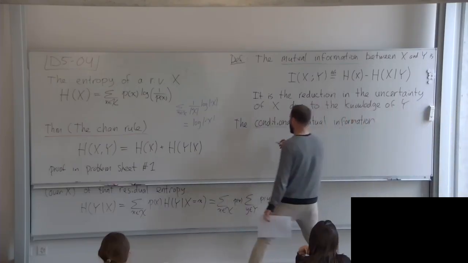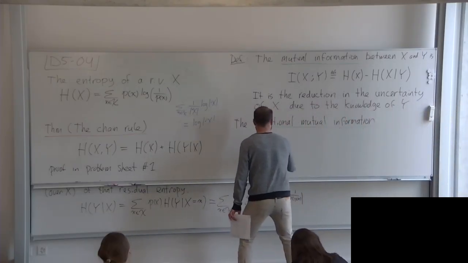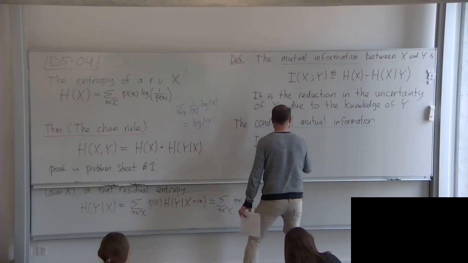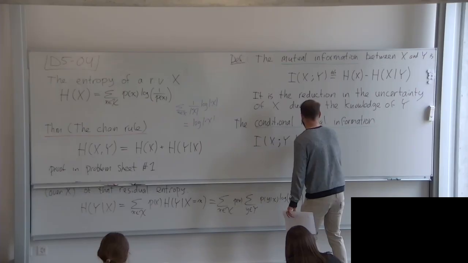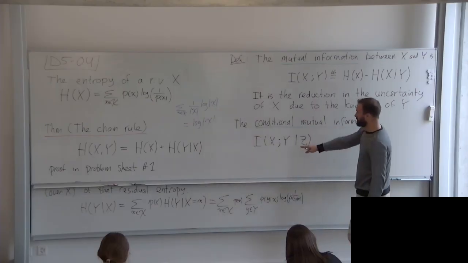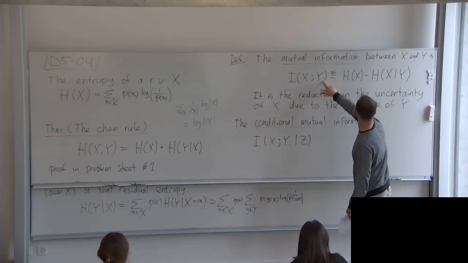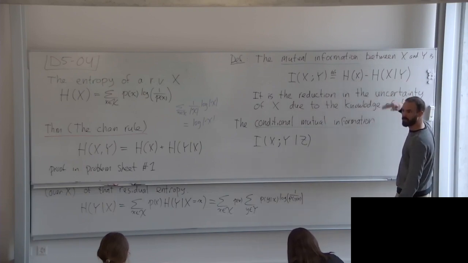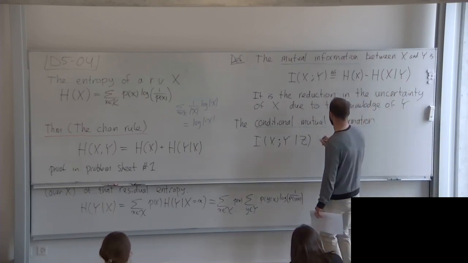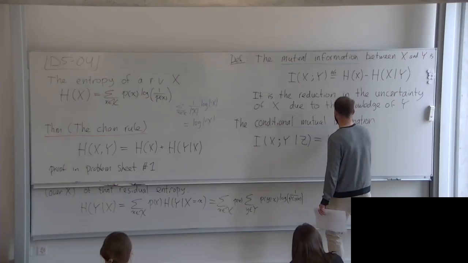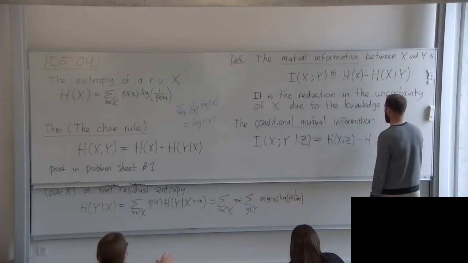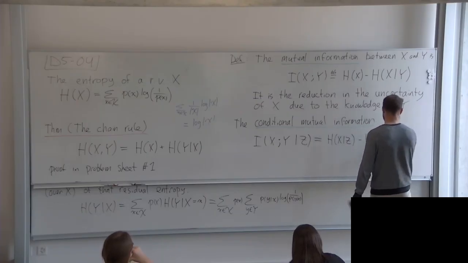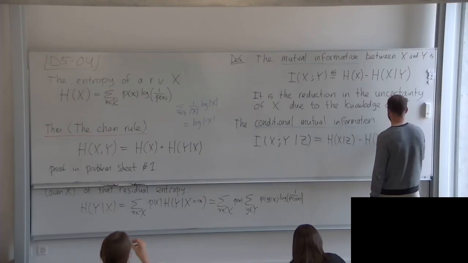And we denote it like this: I of x semicolon y given z. The given z is just, you stick it here, here and here. You just keep having z as background knowledge. So that's H of x given z minus H of x given y, z.